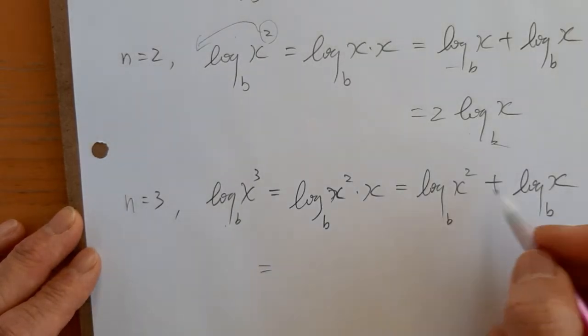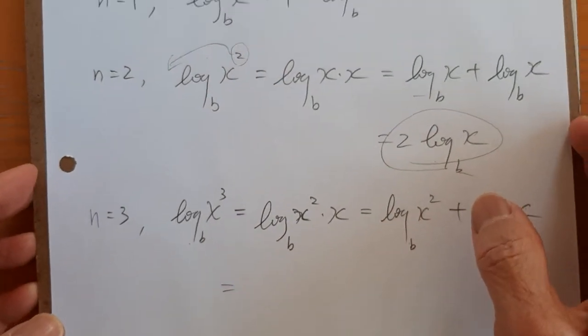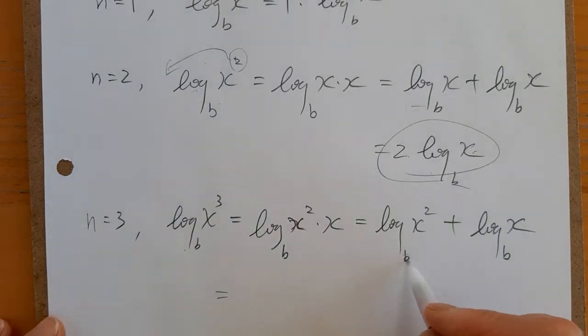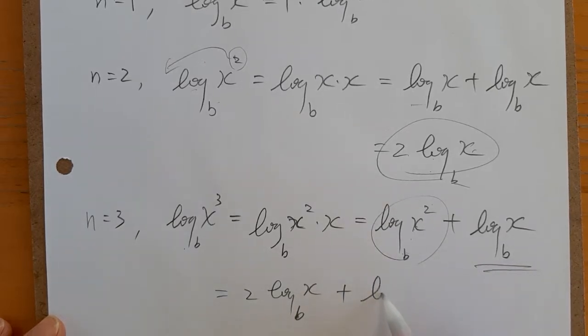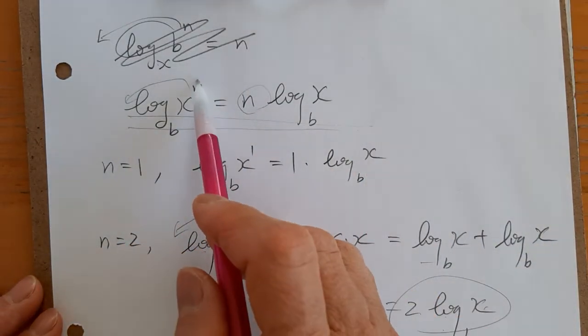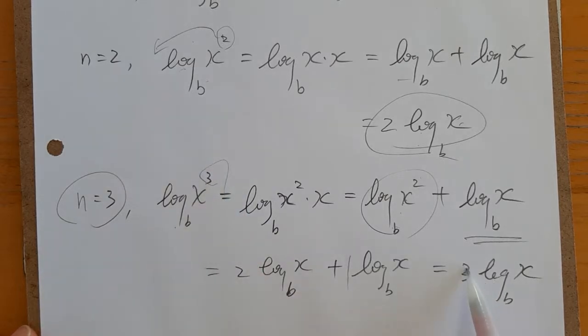Since we already got log x squared from the previous one, when n equals 2, log x squared equals 2 log x. So you add one more log x, and totally 3 log x. So when n equals 3, this is also true. The 3 moves to the front, and you got 3.